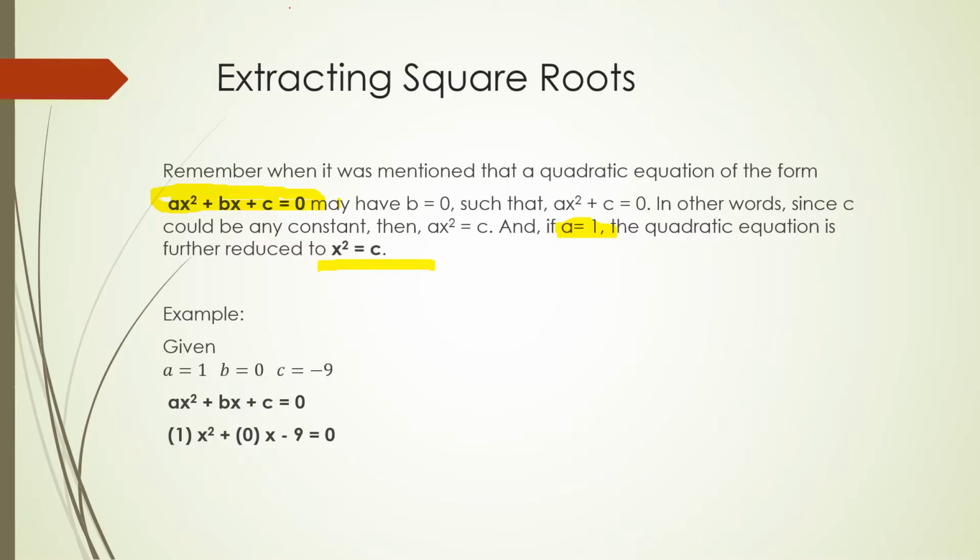Your a is equal to 1, then your b is equal to 0, and your c is equal to negative 9. So if you're going to simplify, what will happen? You have x squared minus 9 is equal to 0. So nawala na ngayon tong linear term na to. Okay?